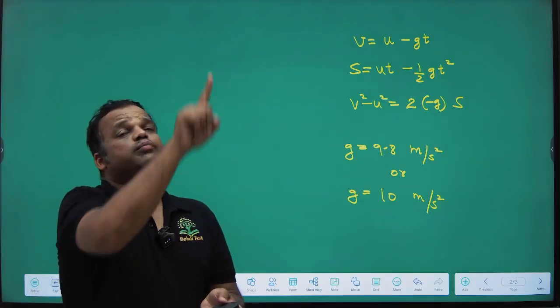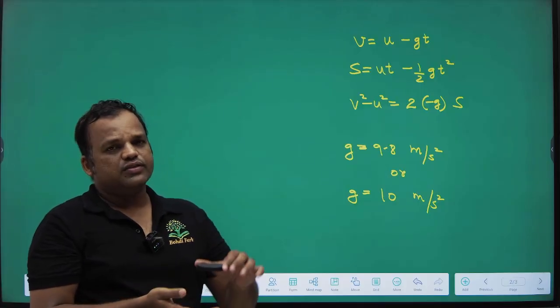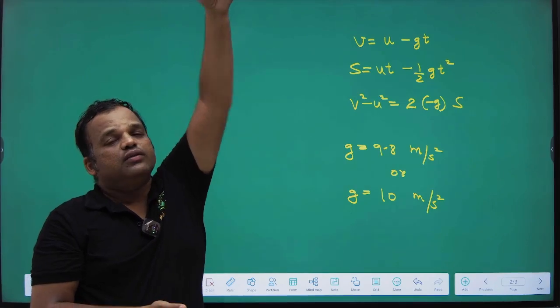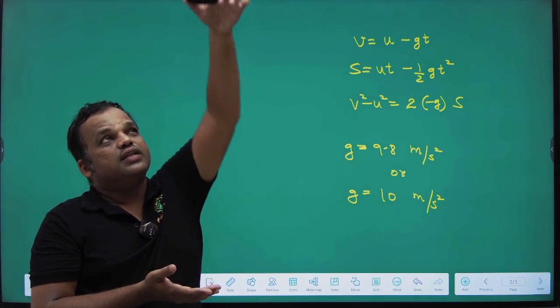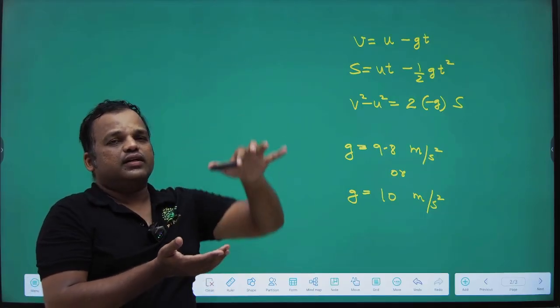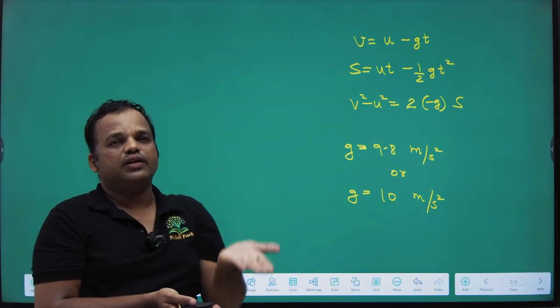So it is going up and coming down. If you observe its motion, it is going up, so it is covering some distance in the upward direction. We call it height. So the maximum height, maybe it is coming up to here, then again it is returning. So that is the maximum height. Same height it is falling down.